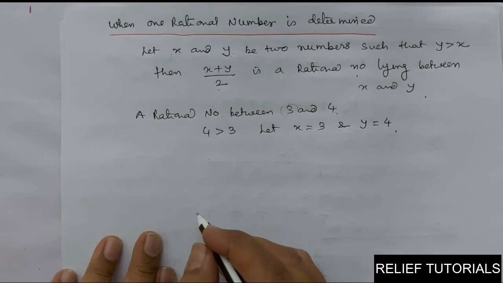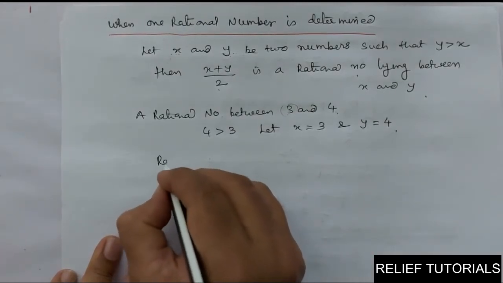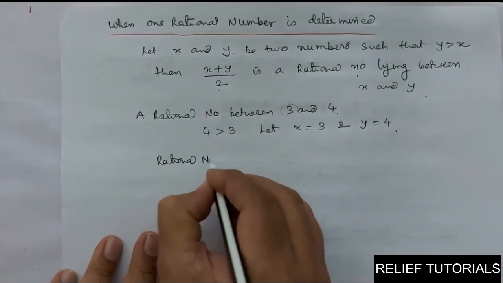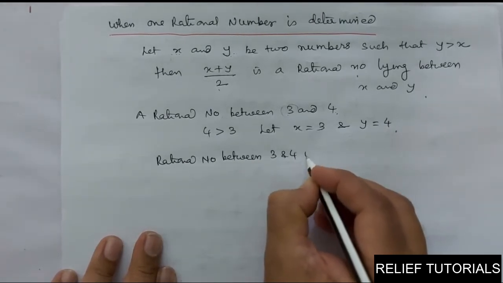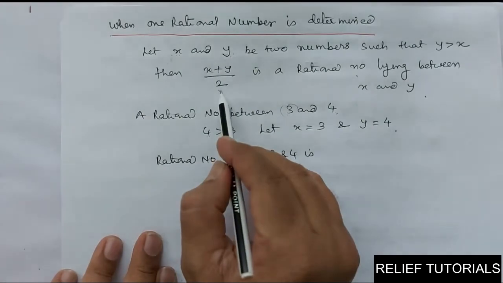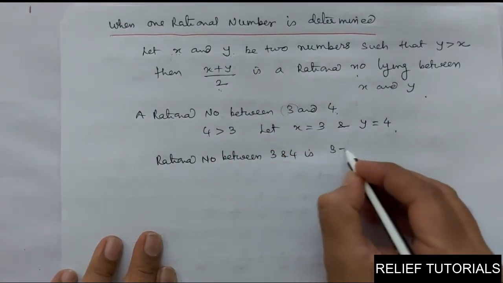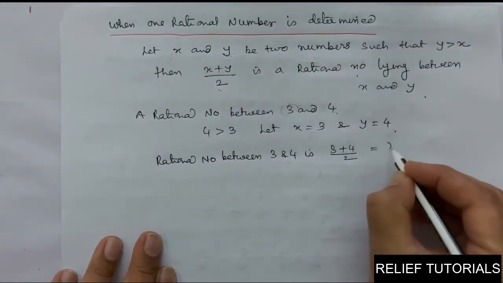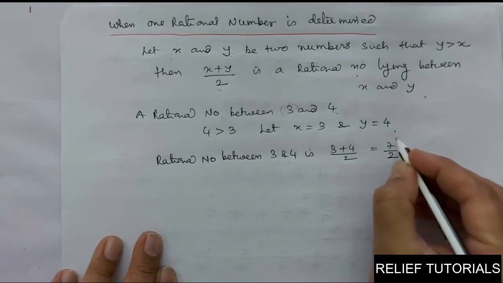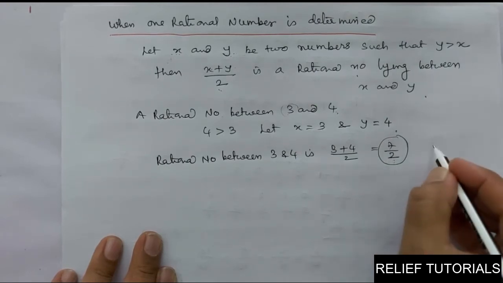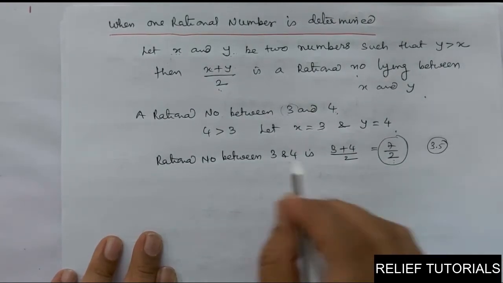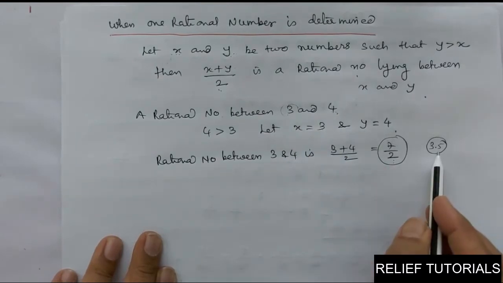Clear? The rational number between 3 and 4 is, as I told you, x plus y upon 2. That is 3 plus 4 upon 2, which equals 7 upon 2. So 7 upon 2 is in P by Q form, and it means 3.5. So a number between 3 and 4 is 3.5.